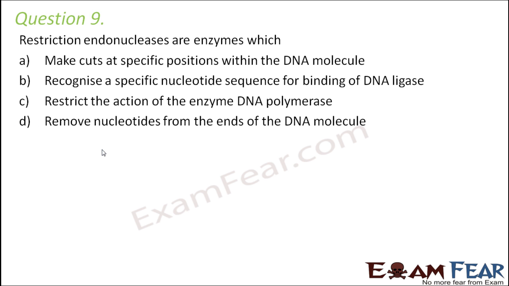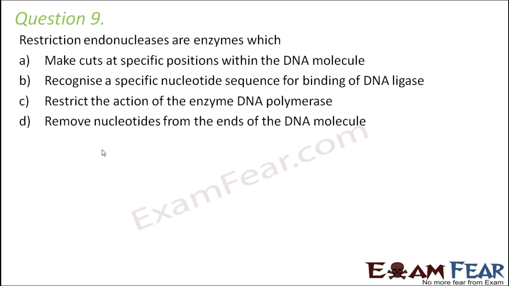Question number 9. Restriction endonucleases are enzymes which make cuts at specific positions within the DNA molecule, recognize a specific nucleotide sequence for binding of DNA ligase, restrict the action of the enzyme DNA polymerase, or remove nucleotides from the ends of the DNA molecule.